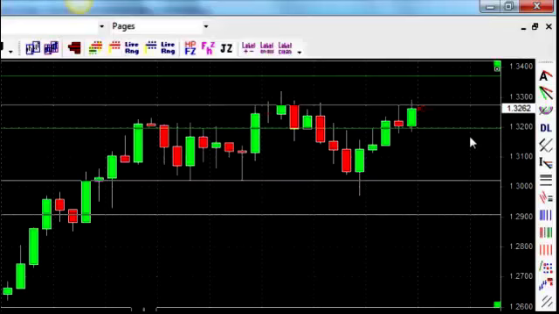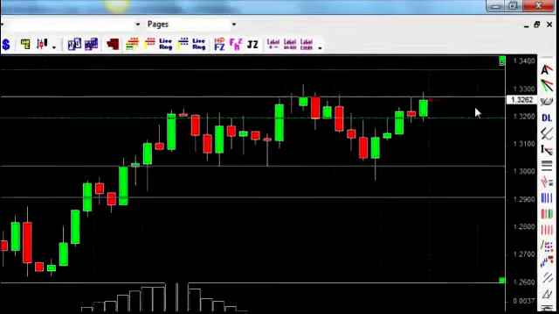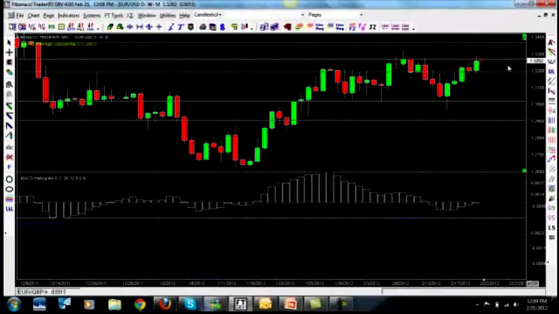Okay, and so as economic factors happen in each country, in this case the euro against the US dollar, whether it's news releases on the current economic conditions in the US or in the euro zone, that would cause the value of one of our currency pairs to strengthen against the other, and these currency pairs move up and down.